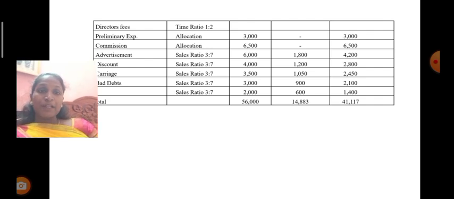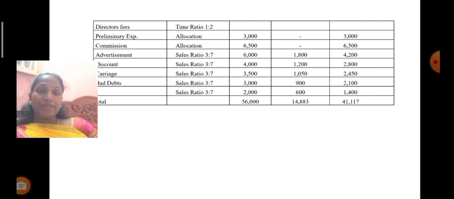Next, preliminary expenses are also directly allocated to the post incorporation period. Next, commission is allocated to the post incorporation period. When it is commission to salesman, it should be allocated on the basis of sales ratio, but here it has simply been given as commission, without mentioning what commission it is. So it is directly allocated to the post.